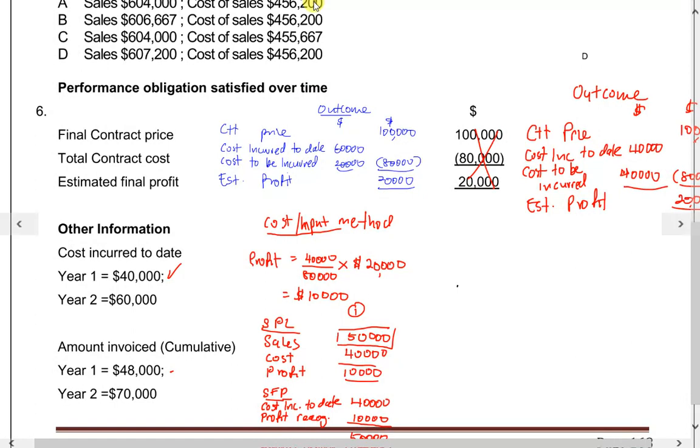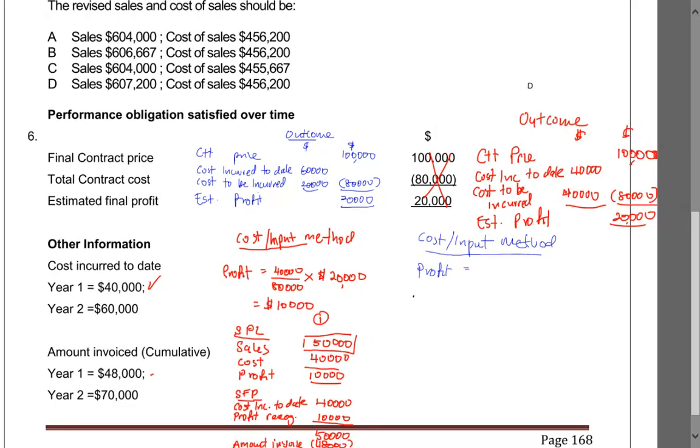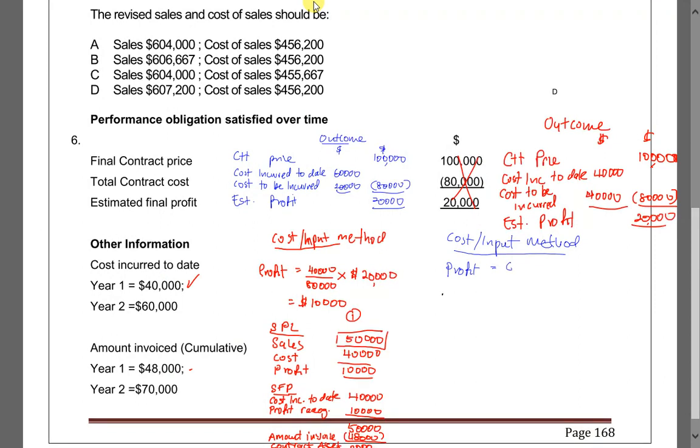Now second year. So there's the cost or input method. We want to find the profit to be recognized. What's the cost incurred to date? Out of 80.